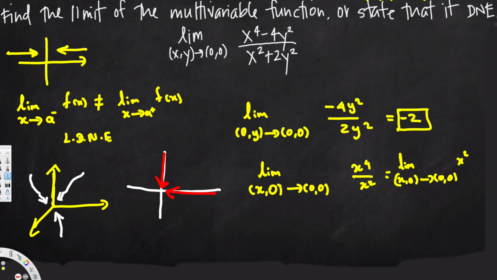Now if you plug 0 for this x value, that's going to be 0 square, that's equal to 0, right? Now we are getting 0, but previously we didn't apply anything because we didn't have any x value or y value, right? Here we have x value, so we have to plug this 0 for x value. Now from this one, we can already see negative 2 is not equal to 0, therefore limit does not exist.